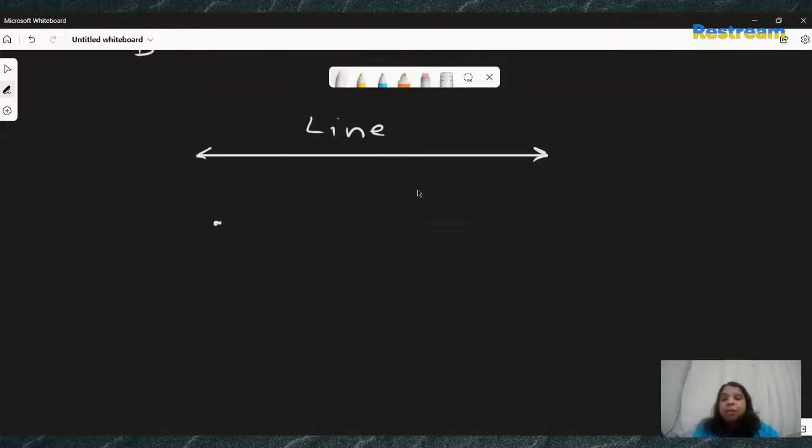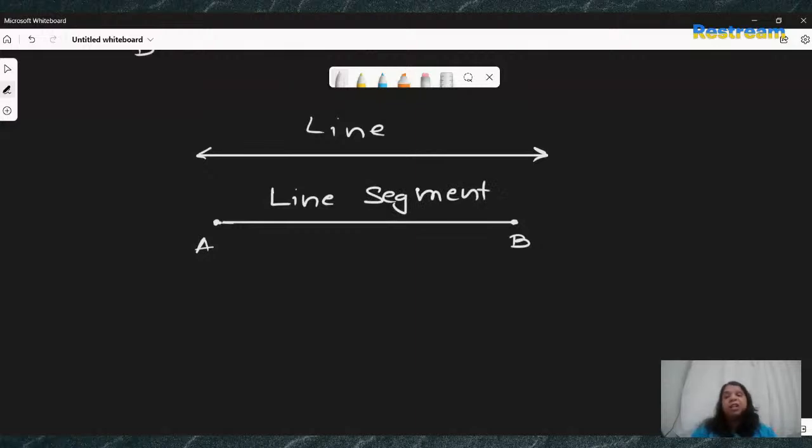But when we actually draw a line, we are drawing a line segment, okay, which has definite endpoints A and B. So this is a line segment or part of a line. So generally, whenever we say I'm drawing a line, we are drawing this line segment. But theoretically, a line is one with both the ends having arrows on it.